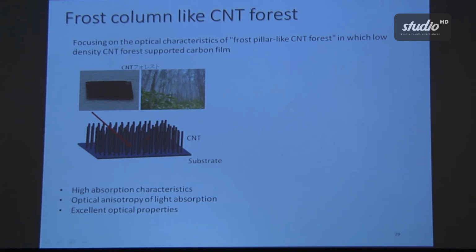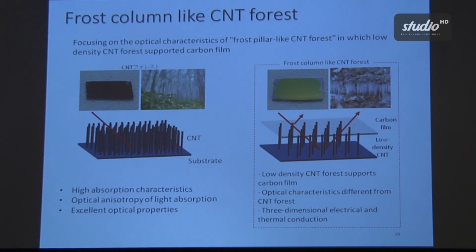So I was talking about the conventional carbon-nanotube forest, which is darker than black and so on. But there are also different types of carbon-nanotube forests that we use in the lab, like this frost column-like one, because this is the frost column that you can observe in some parts of the world.